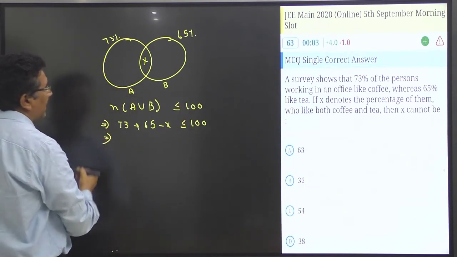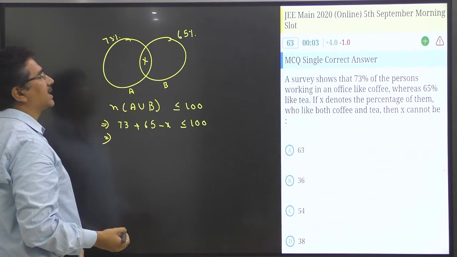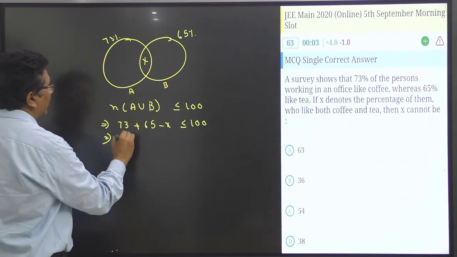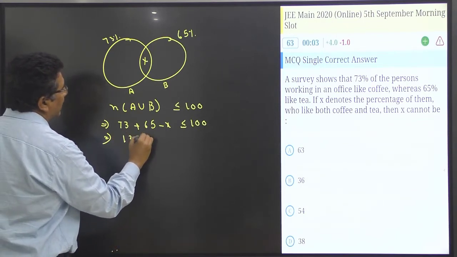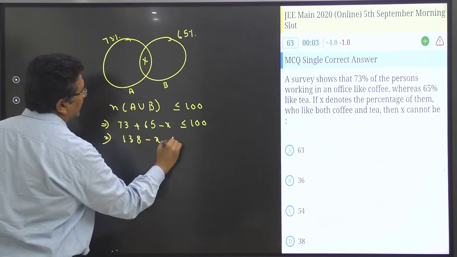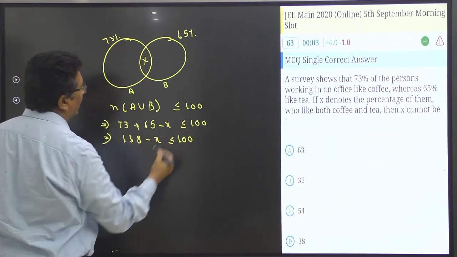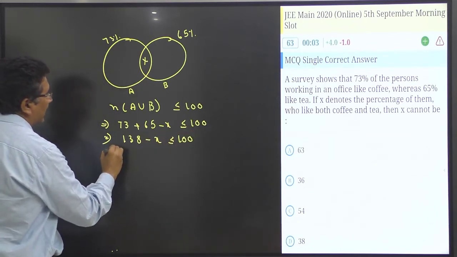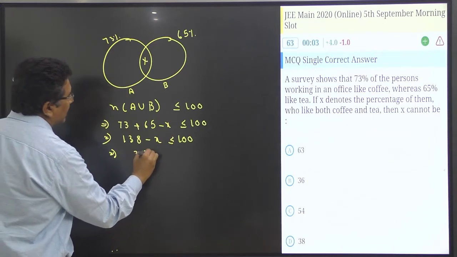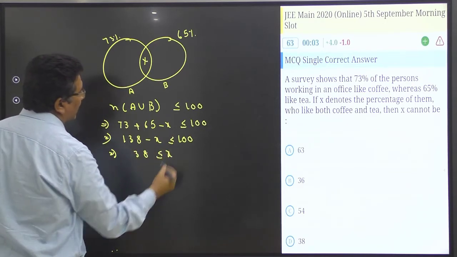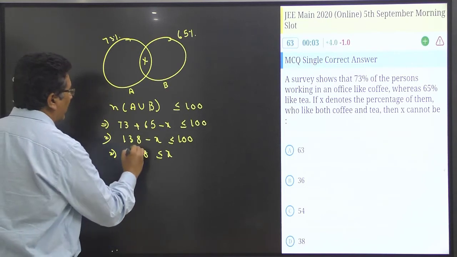That implies 73 plus 65, that is 138, 138 minus X less than or equal to 100. That implies 38 less than or equal to X.